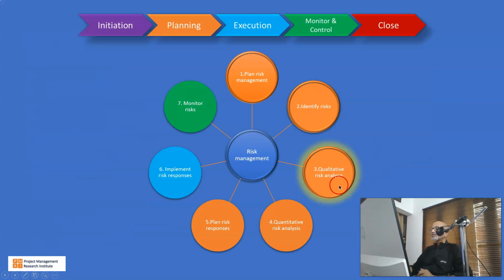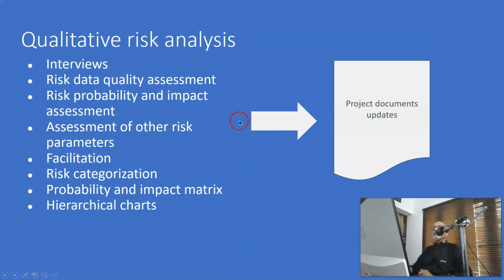And let us move on to qualitative risk analysis. The tools and techniques are interviews, risk data quality assessment, risk probability and impact assessment, and assessment of other risk parameters, facilitation, risk categorization, probability and impact matrix, and hierarchical charts.